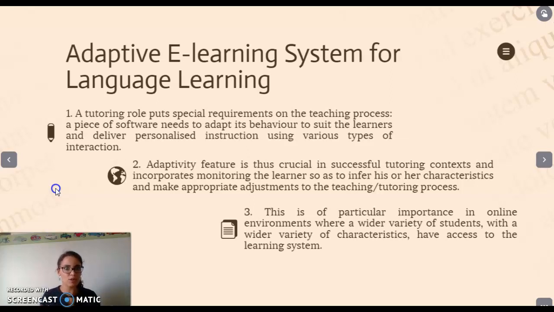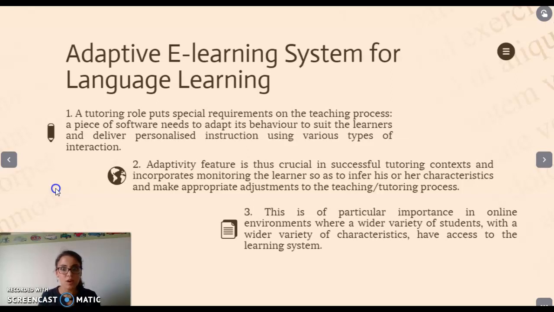First one, a tutoring role puts special requirements on the teaching process. A piece of software needs to adapt its behavior to suit the learners and deliver personalized instruction using various types of interaction. Second one, the adaptivity feature is thus crucial in a successful tutoring context, and incorporates monitoring the learner so as to infer his or her characteristics and make appropriate adjustments to the tutoring process.